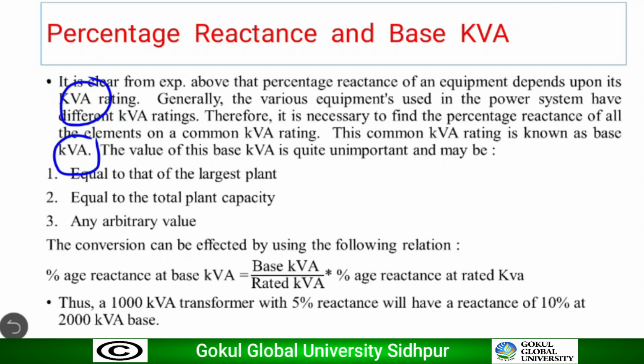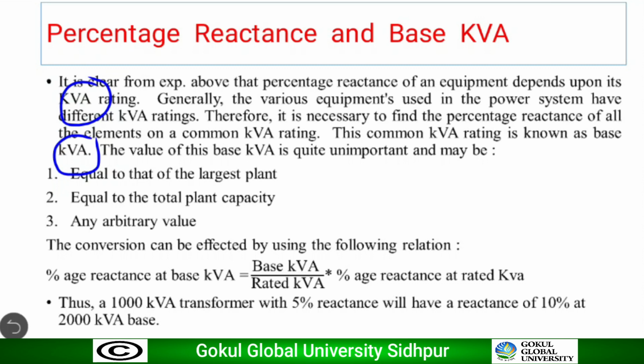Now taking one example, suppose we have a 1000 kVA transformer, that is the kVA rating of the transformer. Its 5% reactance will become a reactance of 10% at a 2000 kVA base. We take 2000 as the base value.